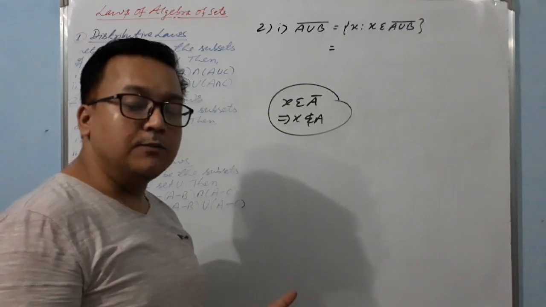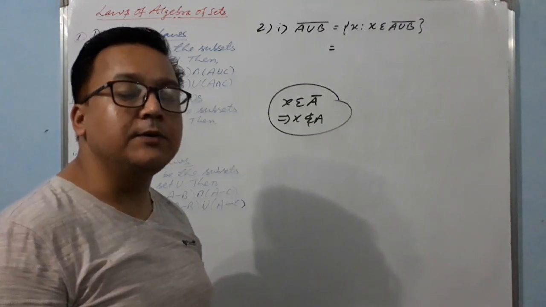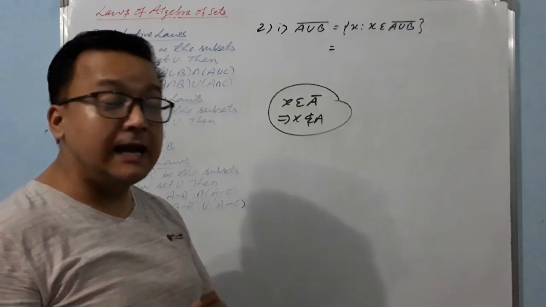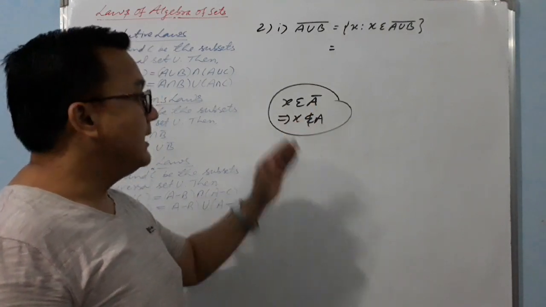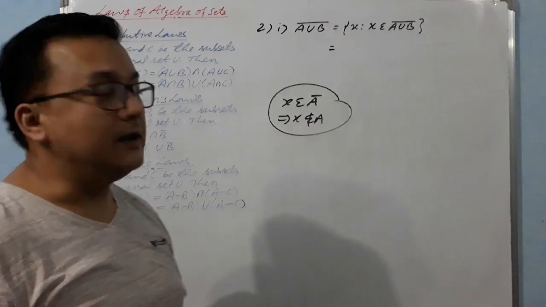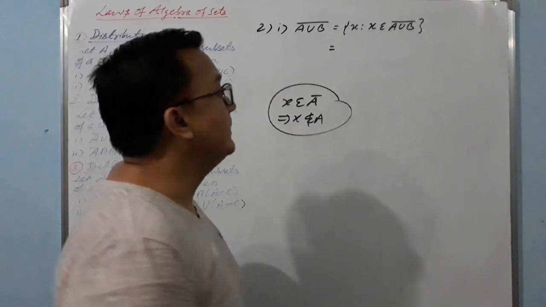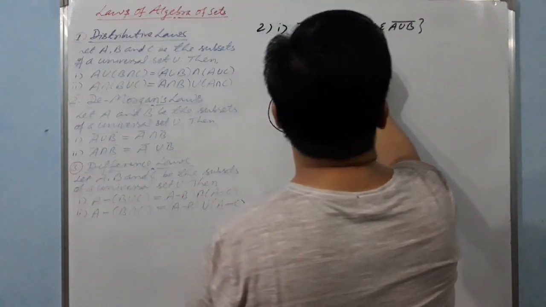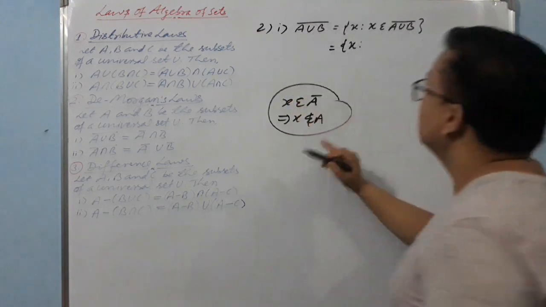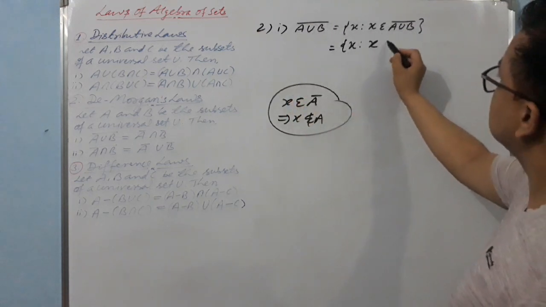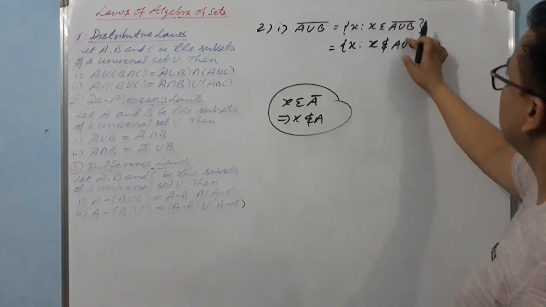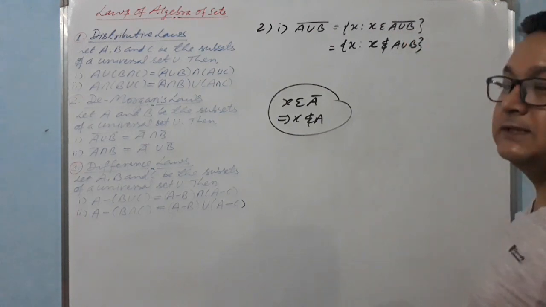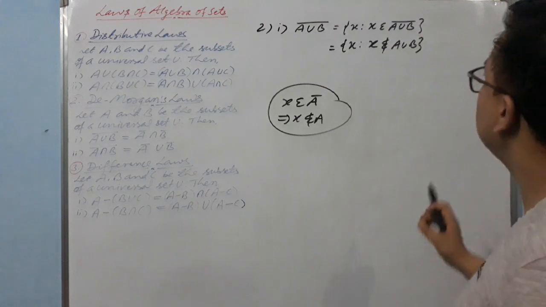A complement means the set of elements of U which are not in A. So if x belongs to A complement, definitely x does not belong to A. This is the property of complement. Here I'm going to use this property: x does not belong to A union B. Now I'm going to use the property of x does not belong to A union B.